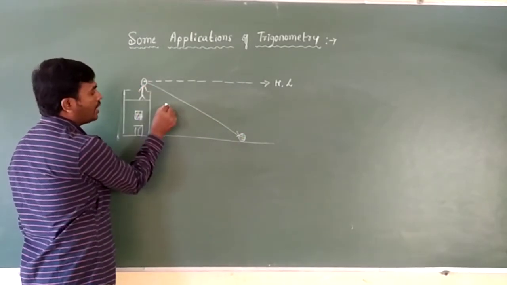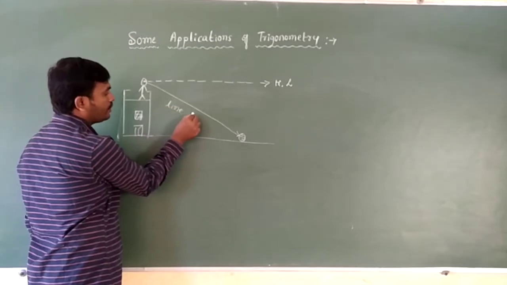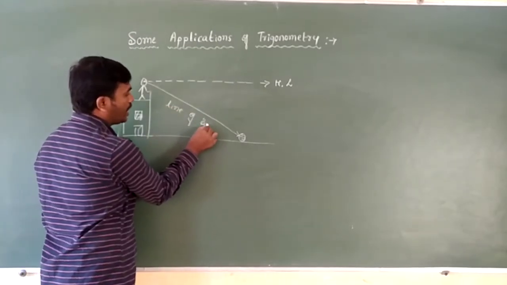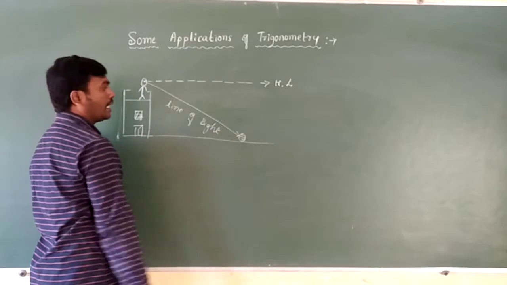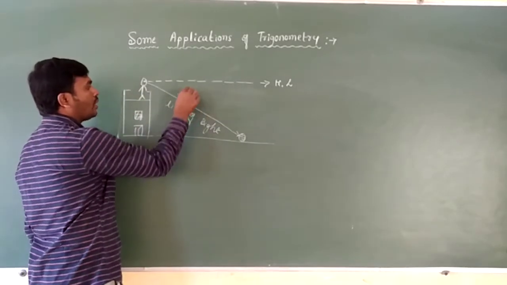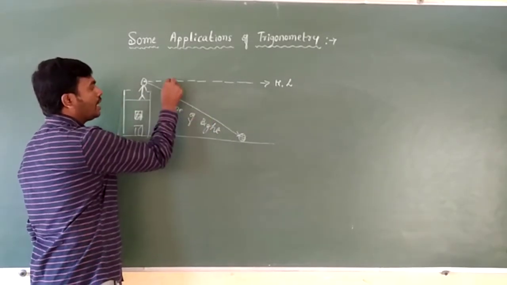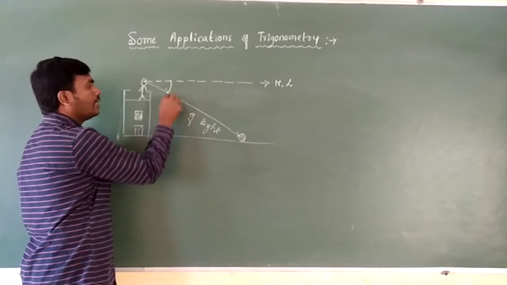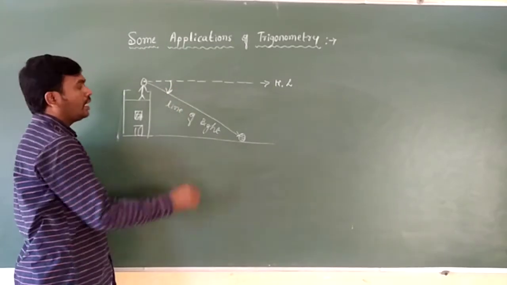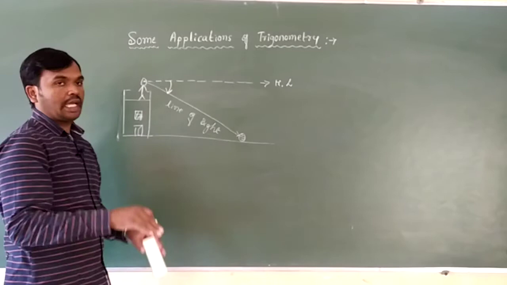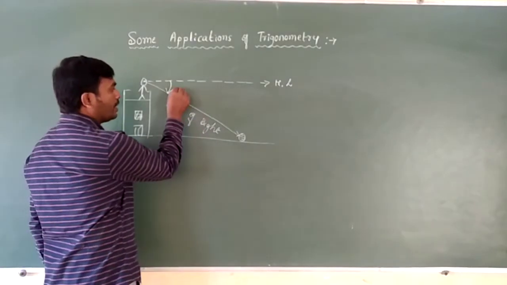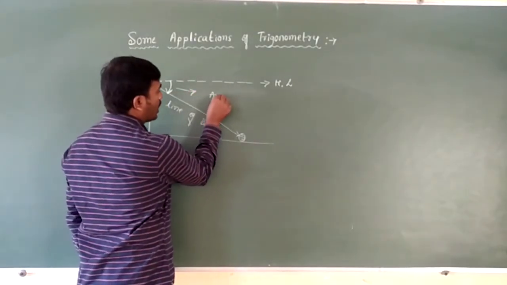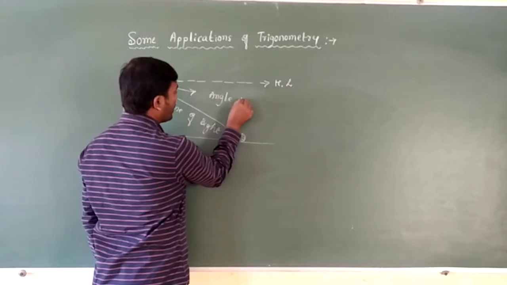This is again the line of sight. Again these two lines, the horizontal line and the line of sight, make an angle. This angle is called the angle of depression.